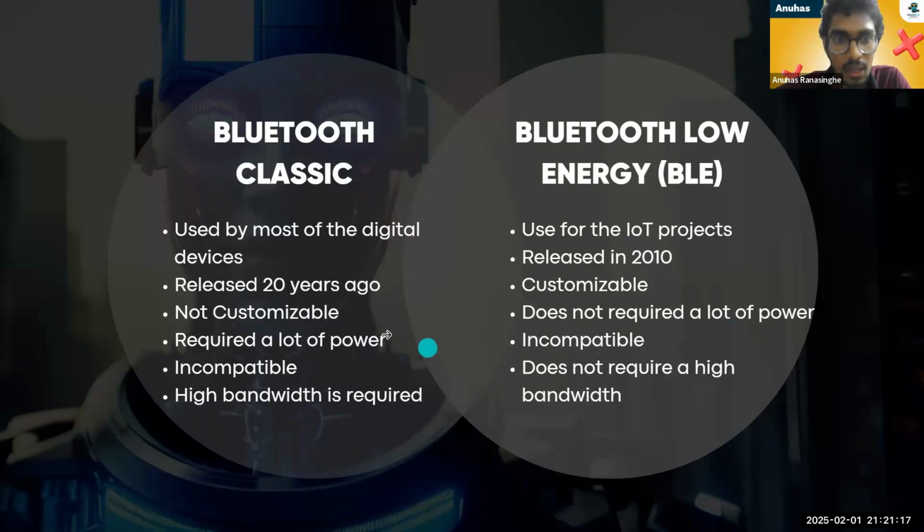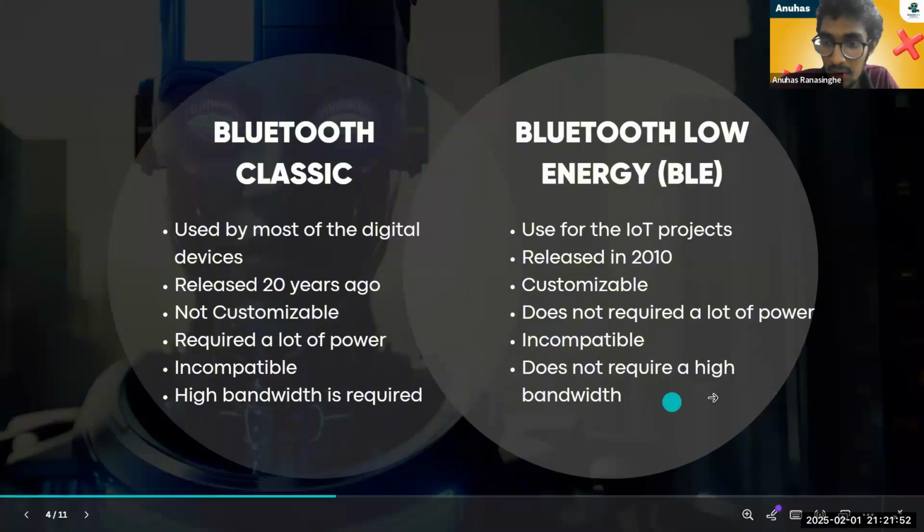Both Bluetooth Classic and Bluetooth Low Energy are incompatible. A Bluetooth Classic device and a Bluetooth Low Energy device cannot exchange data with each other, even though they both use Bluetooth. For Bluetooth Classic, we require high bandwidth, which is sometimes not good for IoT projects.